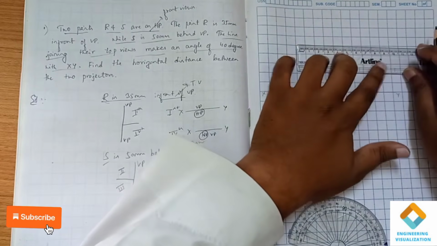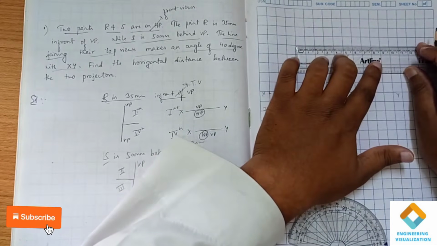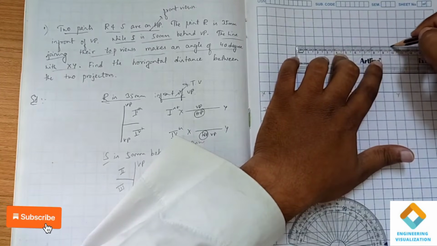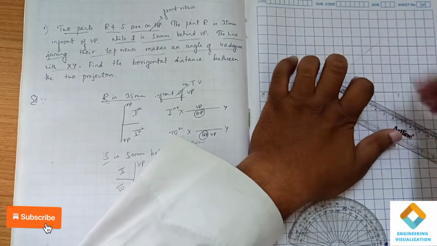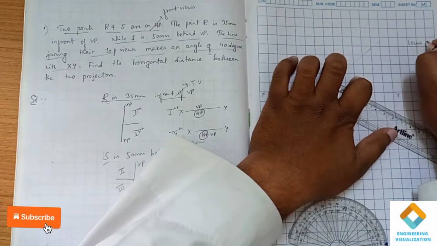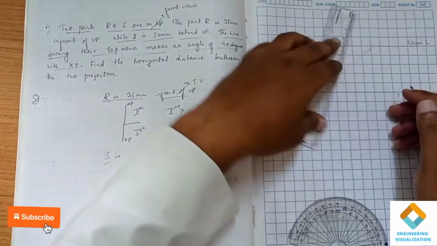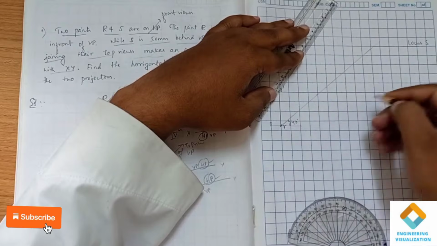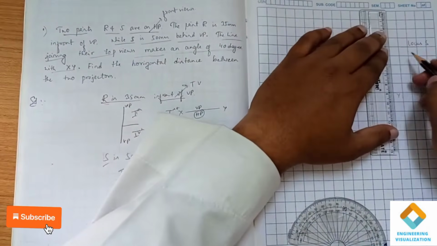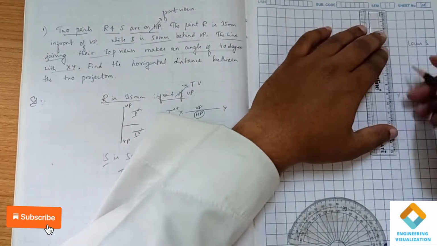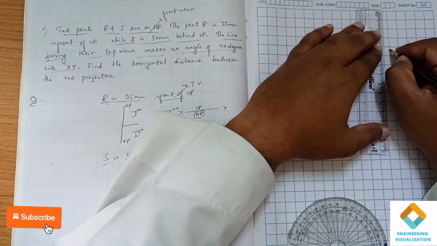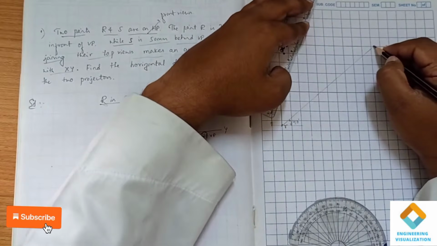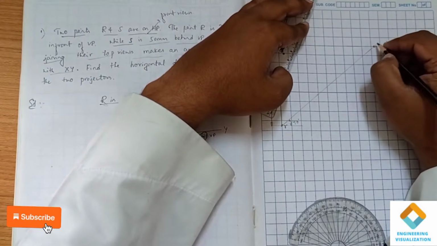That is nothing but the locus of S. Where the 40 degree angle line intersects this 50 mm line, that point is the top view of S.